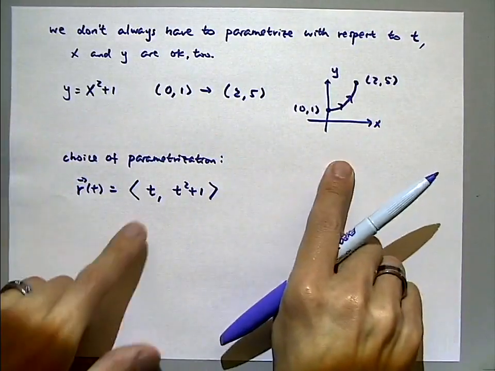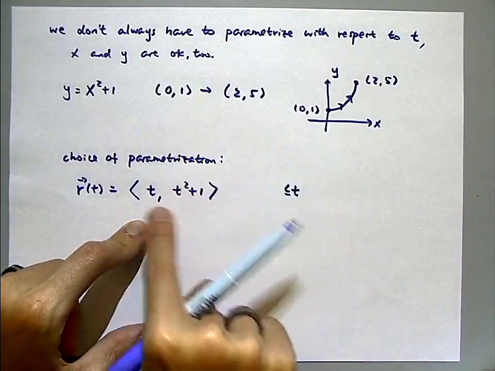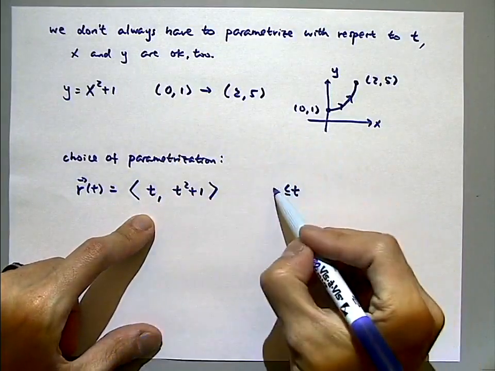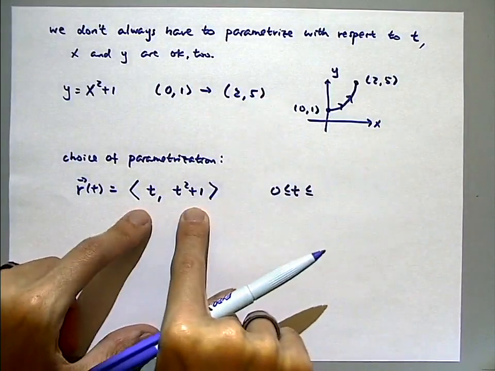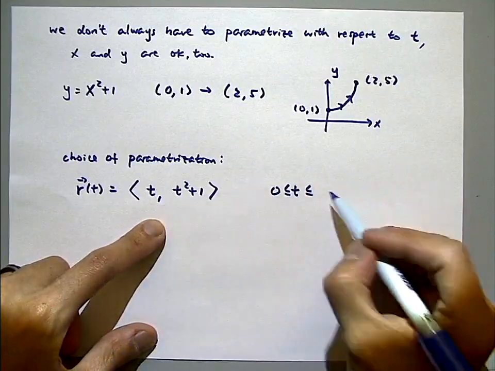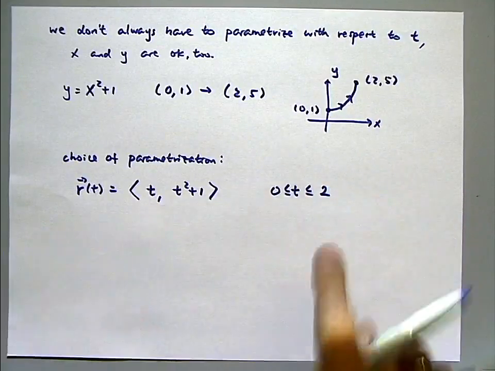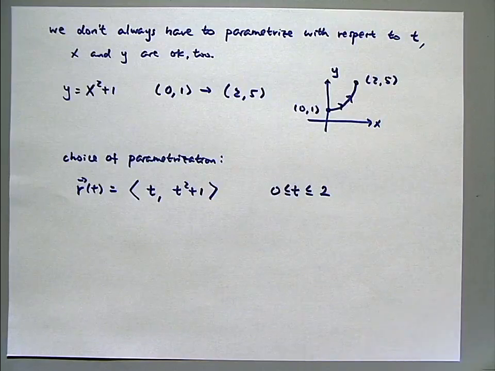To get to the point 0, 1, I can let t be 0. To get to the point 2, 5, I just let t be 2. So that's the same type of parameterization we used in the last example. That's with respect to t.